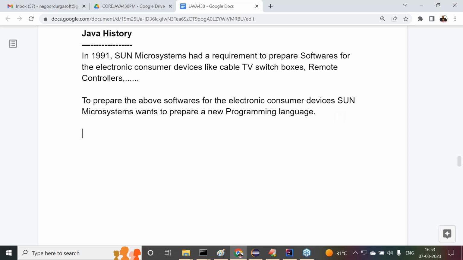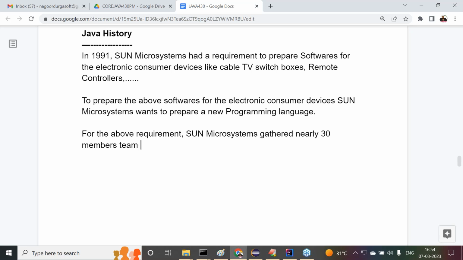For the above requirement, what did Sun Microsystems do? Sun Microsystems gathered a team of nearly 30 engineers, a 30-member team led by James Gosling and Patrick Naughton.